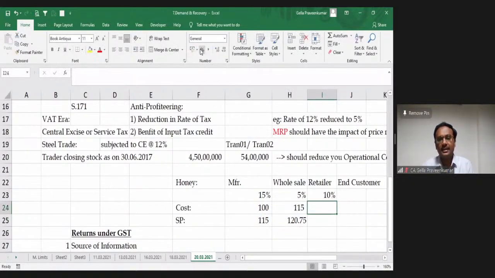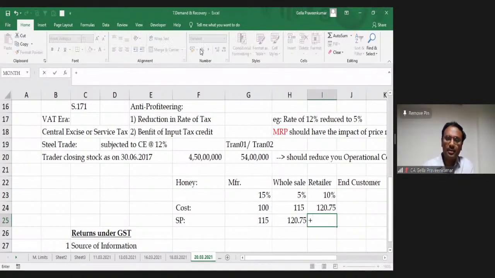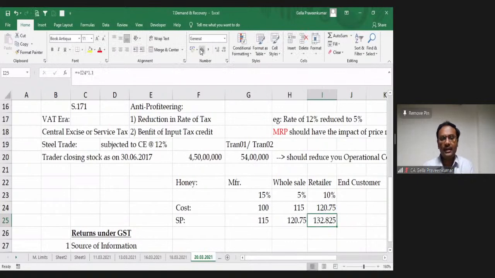Then this comes to the retailer, where his cost is 120. In this model, I'm ignoring ancillary costs like transportation, insurance, loading, unloading, and some other valuation, for ease of understanding. I'm just coming with a simple example. The retailer wants a profit margin of 10%, so into 1.1, I'm going to say 132.